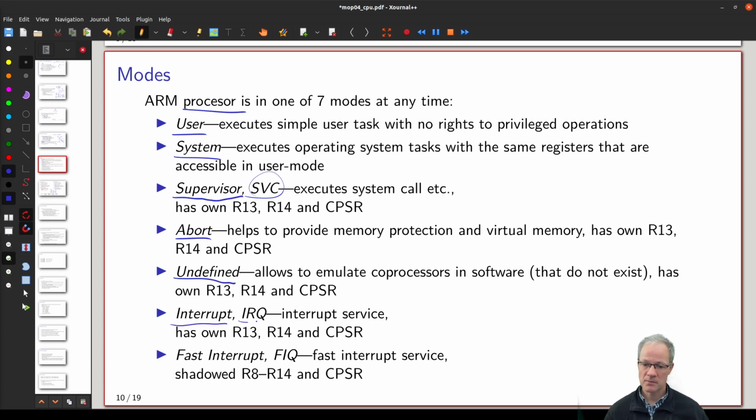There's this interrupt mode, sometimes called IRQ. That's the interrupt service. Whenever an external device has some event that it needs to tell the processor, it sort of knocks at the processor like, hey, I have something to tell you. Then the processor, when it has time, goes to that interrupt service. It puts the rest of the programs that it's running on hold and moves to the interrupt service mode. Hopefully really fast, so that the other programs do not have to wait too long, it services this thing that happened.